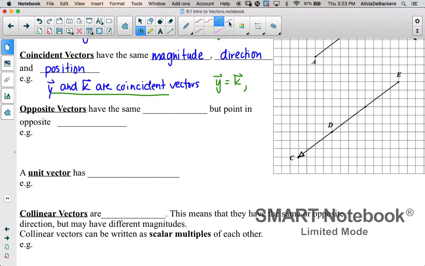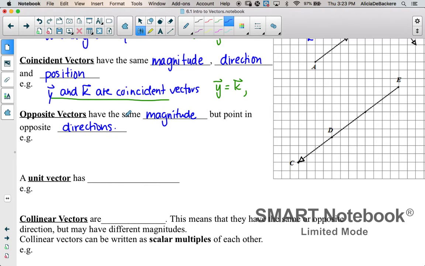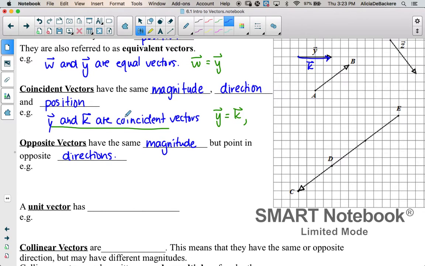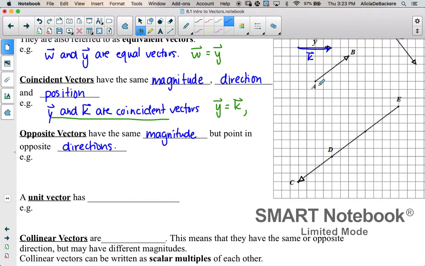All right, opposite vectors. Opposite vectors have the same magnitude, but they point in opposite directions, so directly opposite. So in my diagram, I actually already have a picture of two opposite vectors. Vector AB, I can see that that's the same as vector DC, but in the opposite direction.